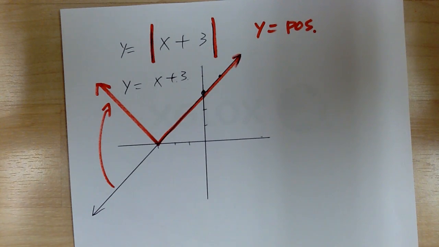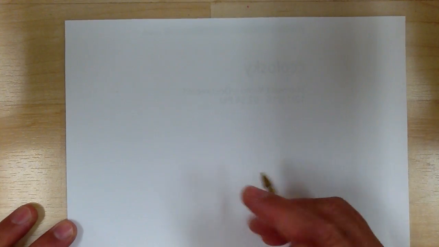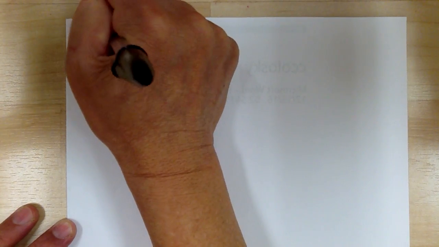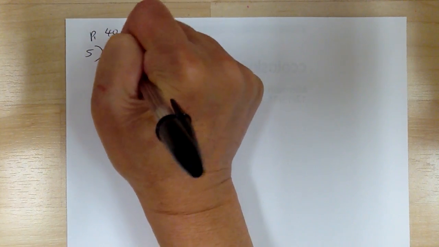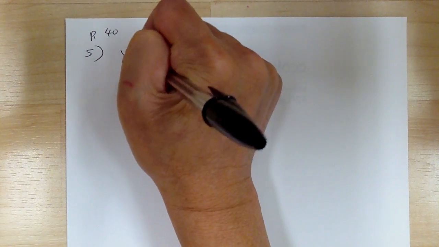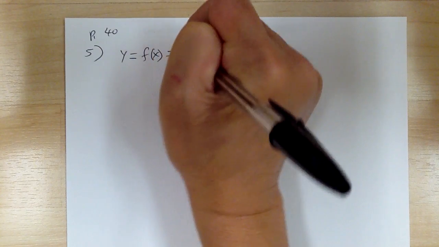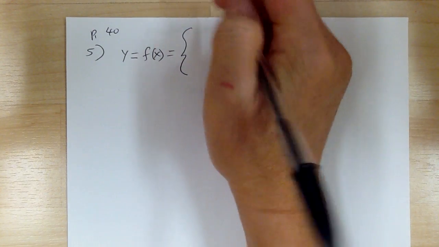Now let's go over one more example. Let's go to page 40 and let's do number 5. So you have y equal to f of x, which means the y. Okay, now these are 3 parts.